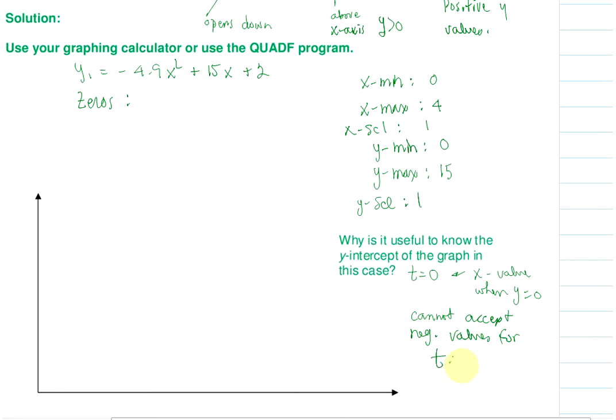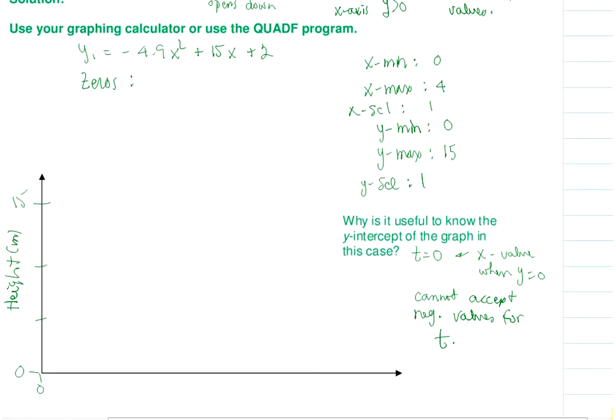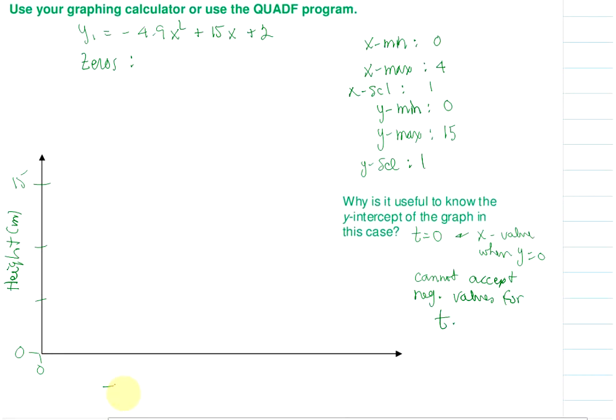Okay, so when you graph this on your calculator, we've got 0 and 0. I put in a y max of 15. This is going to be your height, in meters, and this is going to be your time in seconds.